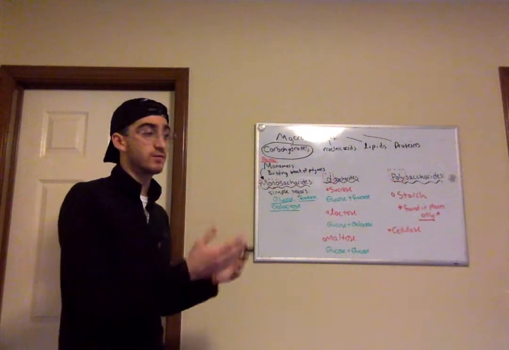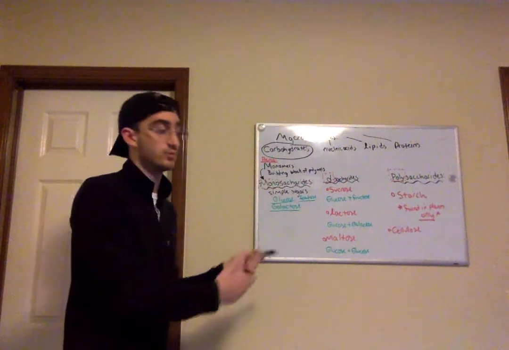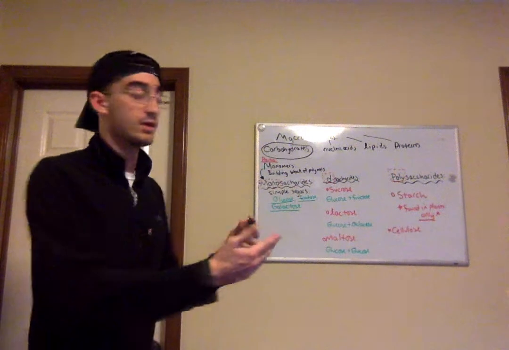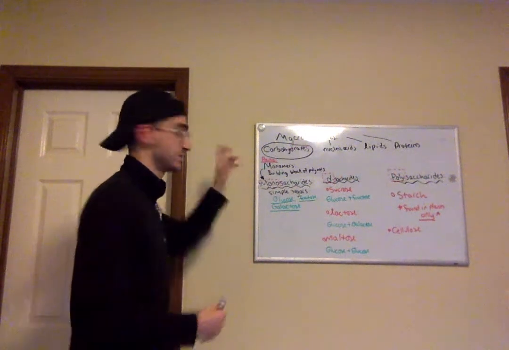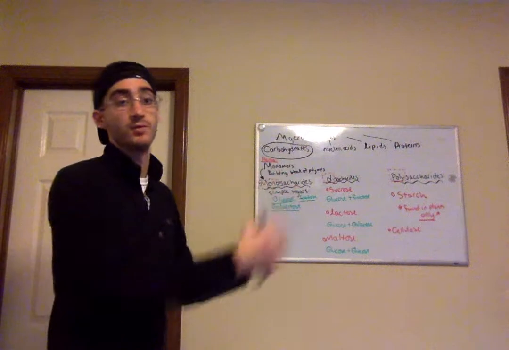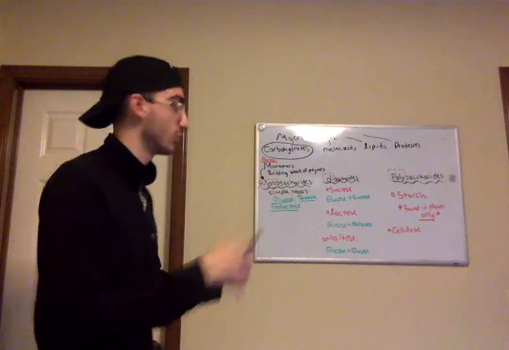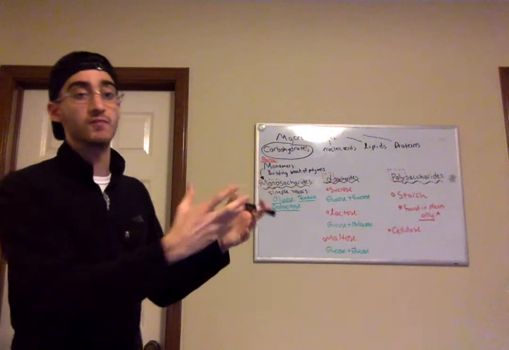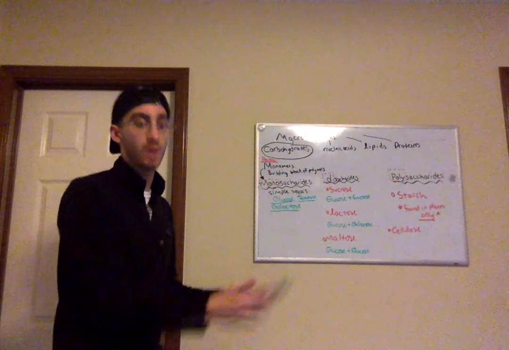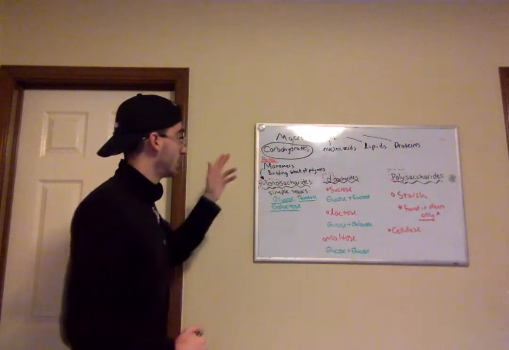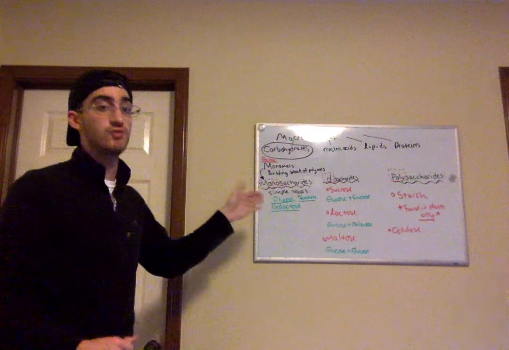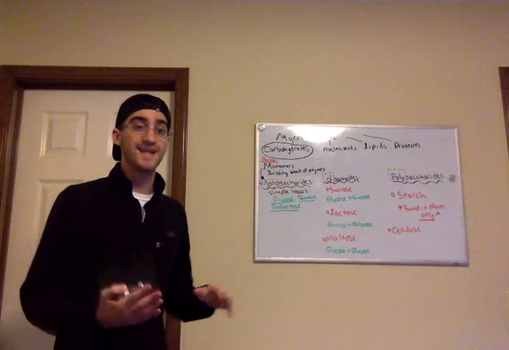What you're going to notice as we continue throughout this video is that there are certain clues that will help you decipher which one is a monomer and which one is a polymer. A polymer is basically multiple monomers put together, okay? Multiple building blocks of that certain macromolecule. So again, the monomer of carbohydrates are monosaccharides.